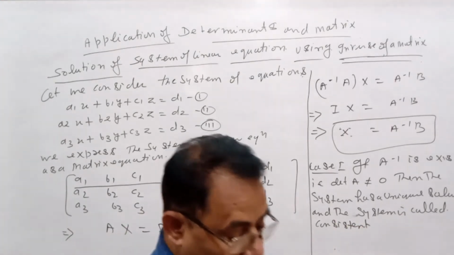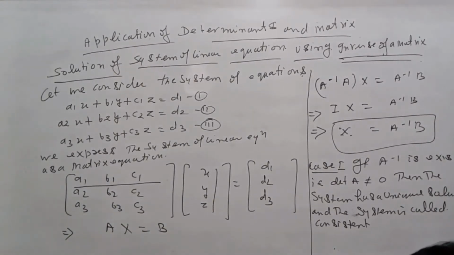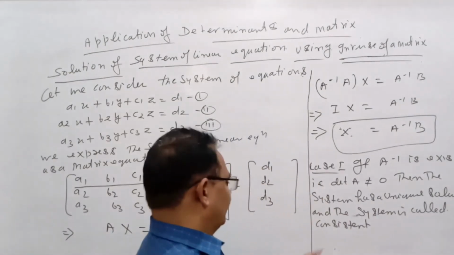The system is called consistent if it has a unique solution, that is, one solution.